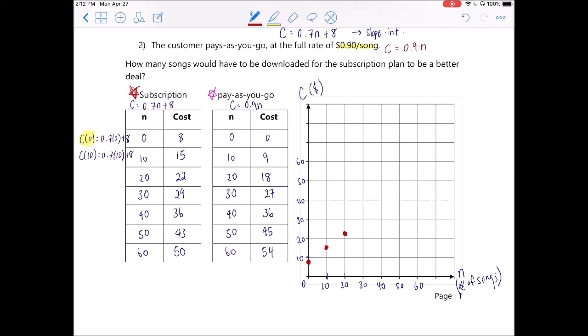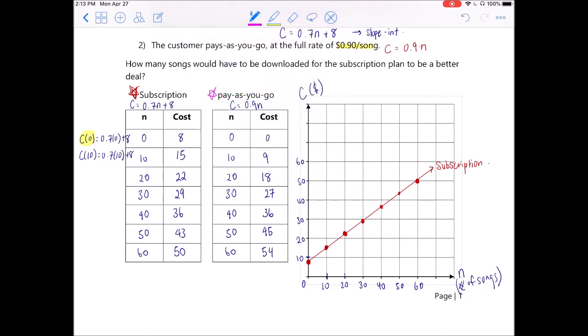I'll plug in 60 and 50 first, so I can see if my lines are straight. Oh, it's pretty good. So let's go this way, and this is subscription.